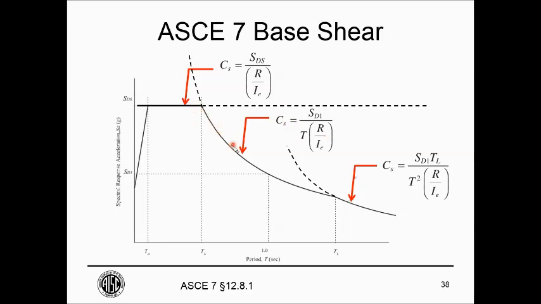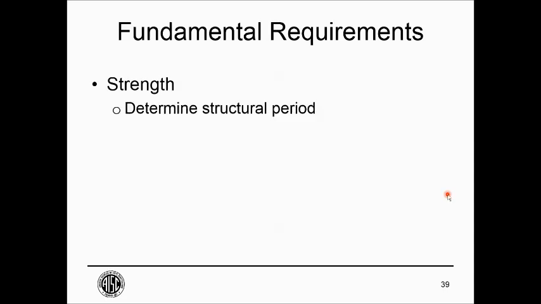The period dependent equation is based on the 1 second period response, again modified by R over I sub E. And then the very long period beyond T sub L, where we're multiplying essentially this equation by T sub L over T, and we end up with T squared in the denominator. So we need to determine the structural period in order to figure out where we are on that curve.